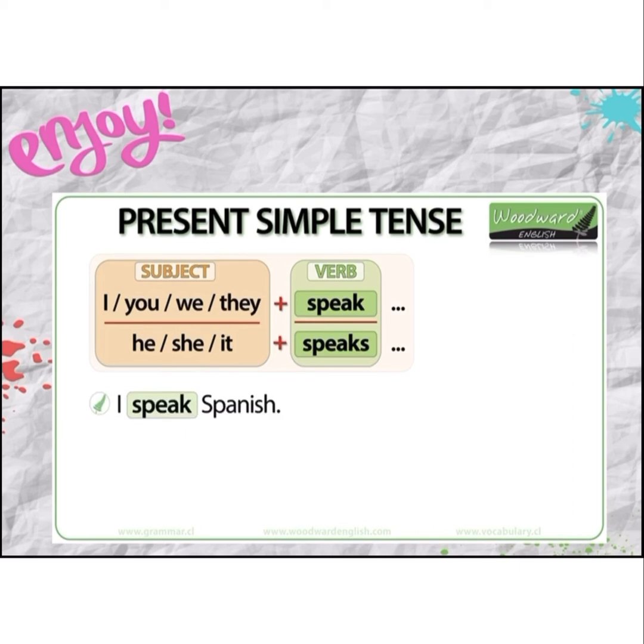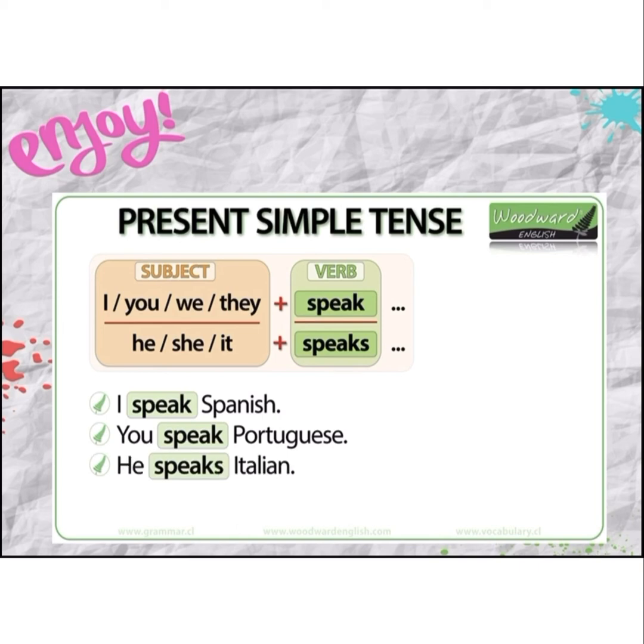Look at these examples. I speak Spanish. You speak Portuguese. But he speaks Italian. The S is necessary at the end of the verb. You cannot say he speak Italian. No, this is not correct. We need an S at the end of the verb. We say he speaks Italian. This is correct.